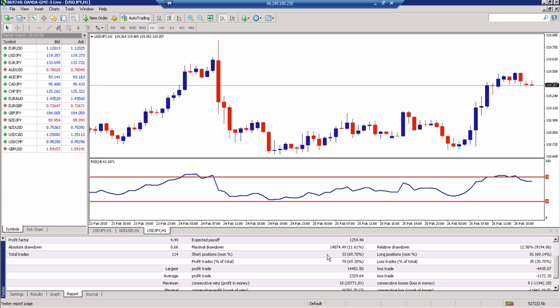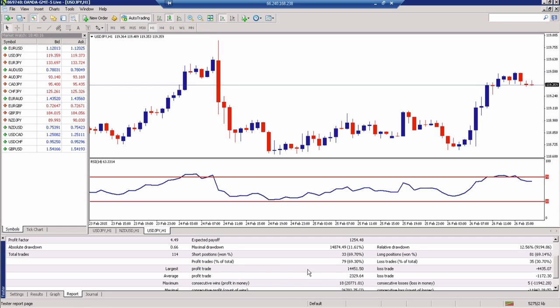If you lose, you lose $100. If you work the mathematics out, it means that you need a win rate of 56% in order to break even. Now, that's a high bar, and only professional traders can do that.